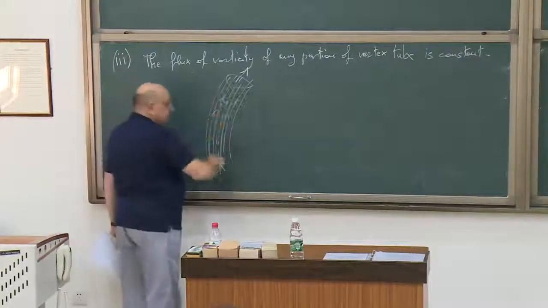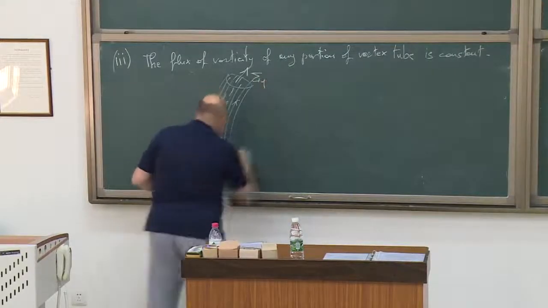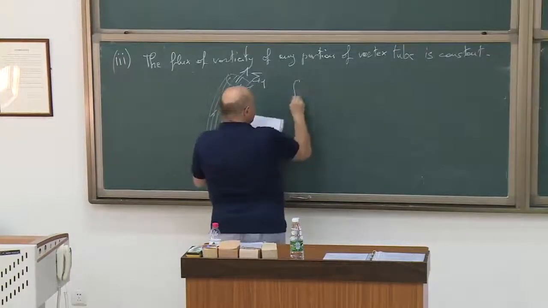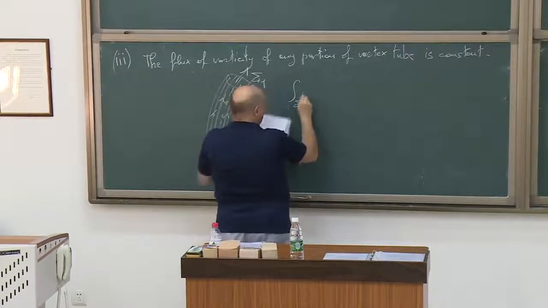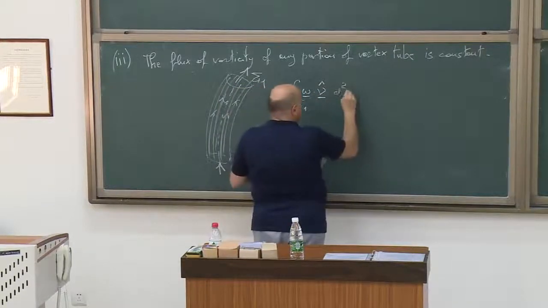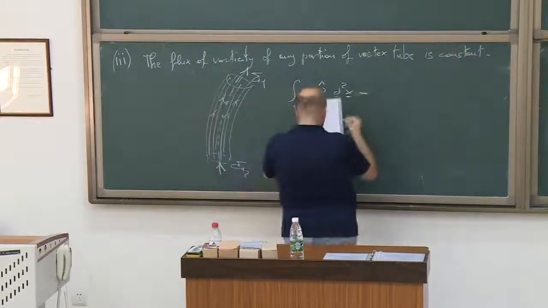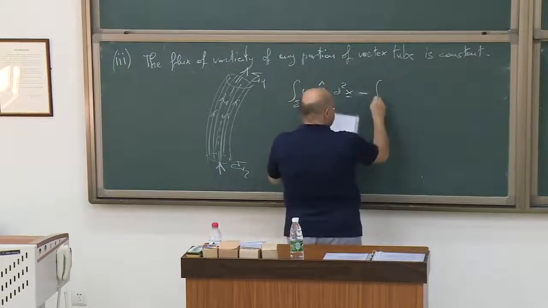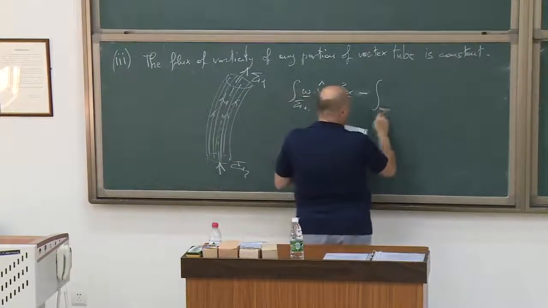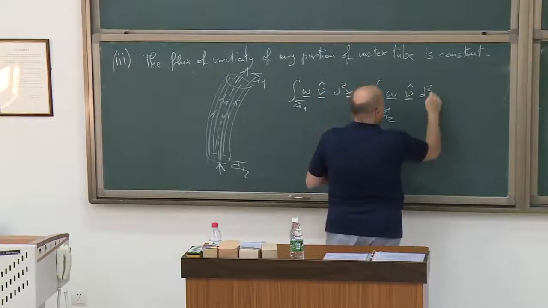All the flux is here and here. If you call this sigma 1 and this sigma 2, then you have simply that the integral on sigma 1 of omega dot nu d2x is, with a minus sign because it's entering on sigma 2, the integral of omega dot nu d2x.